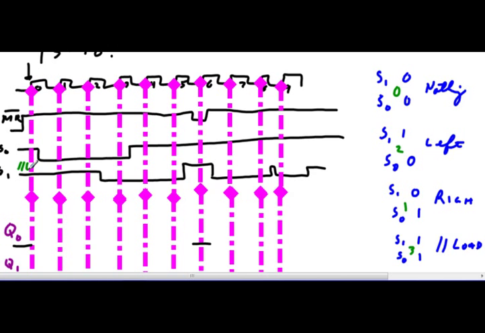S0 is low, S1 is high, so this guy is a left. This guy is a left. They're both low, so that's a hold. Nothing's happening. Then this guy's going to be a right. Another right.